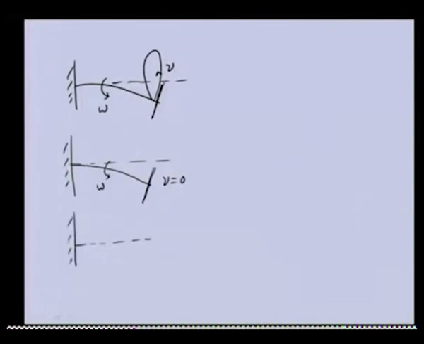In this case the shaft is not spinning, only pure whirling is taking place, moving along this path with frequency nu, but spinning is 0. This case we call pure whirling, and the other is pure spinning.